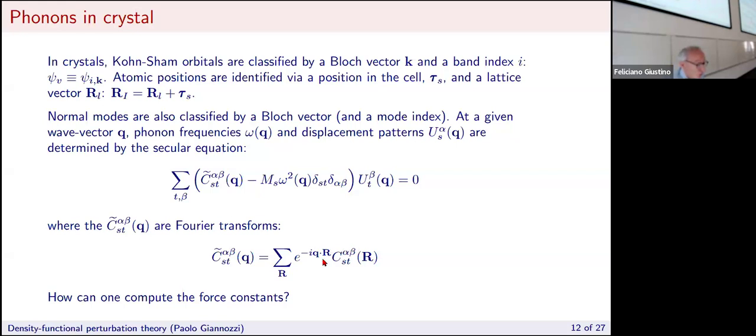So this force constant matrix depends upon the distance between the two ions that are perturbed together. Or if you prefer, you perturb one atom and you look at the force on another atom. That's a force constant matrix. This is in real space.